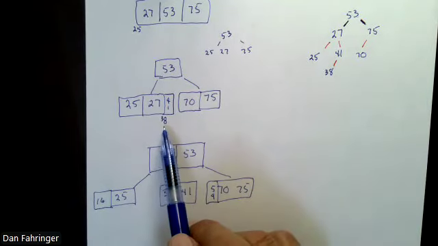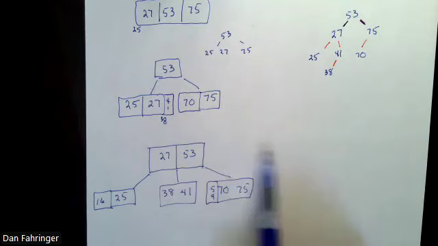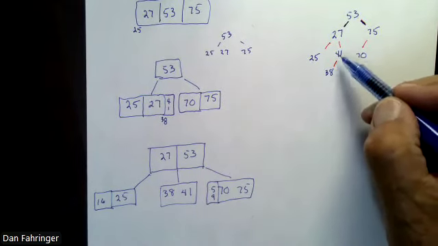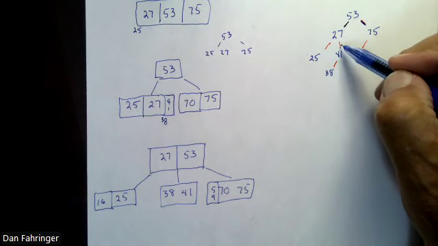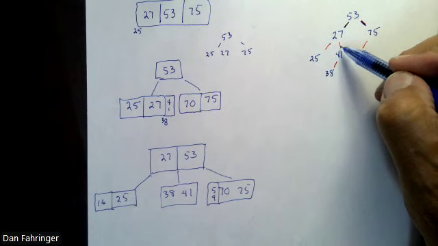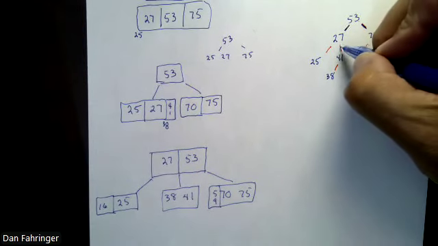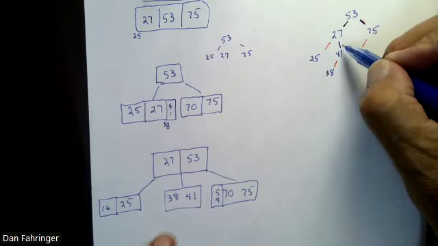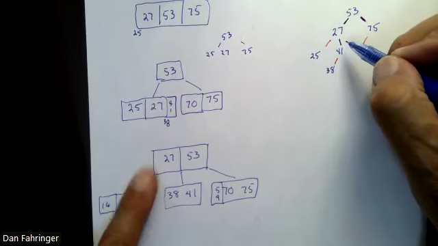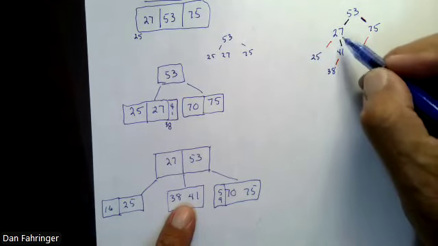I added 38. This is a red. It turned this one into a black. So that went black. So now 27 is a parent to 41 and 38.